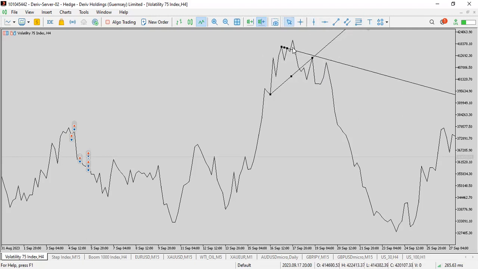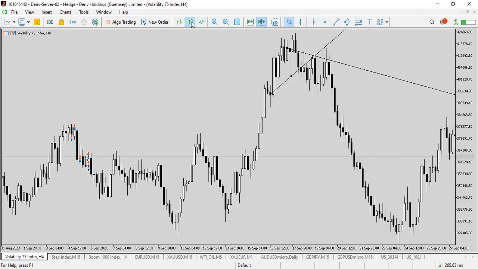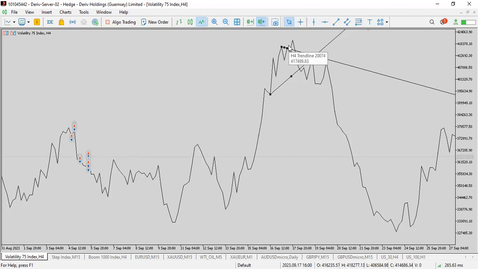You can also use this. It's a mistake there. Okay, I connected it, not this one at the bottom. Yeah, you don't give up on trend line.